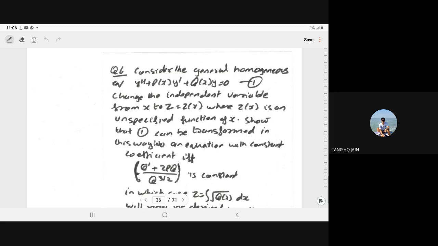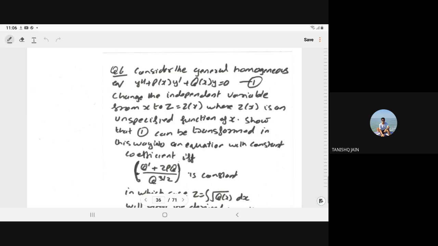By some means, can we convert this general second order differential equation into a second order differential equation with constant coefficient or not? If it satisfies a few conditions, then we can convert. So change the independent variable from x to z.